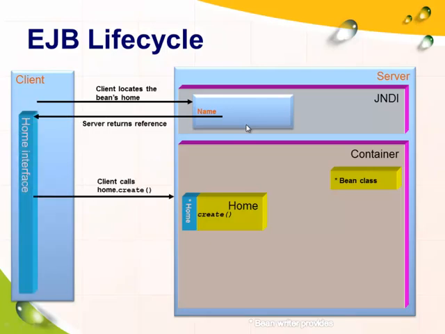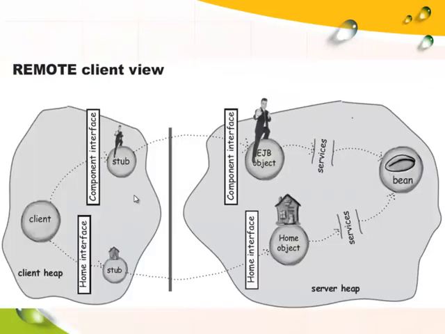The client then calls a create on this home interface. Now the action begins. The home interface first goes and creates the bodyguard for the EJB object. Again, I will go back, maybe a bit distracting, but let's see. When the EJB create is called on this home object, it creates this bodyguard.